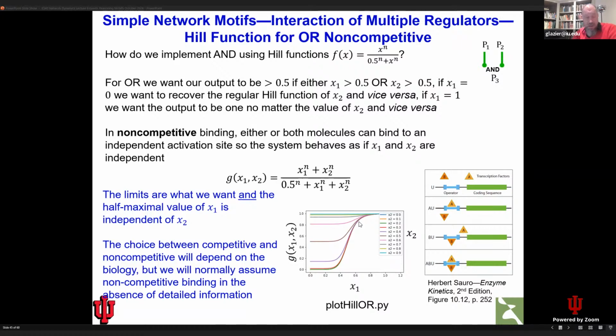But this one looks like the AND case. In this case, the switch is still at a half, always. It's not shifted left and right. But the amplitude of the response depends on the strength of the other one. And so this is essentially exactly the AND case, but flipped upside down.